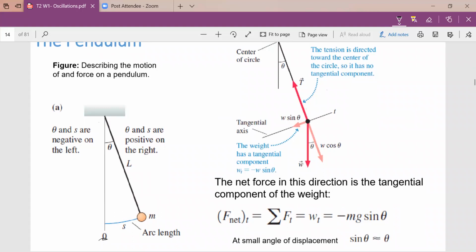And if you pull the ball that's resting on the point 0 to the right or to the left, depending on which one, remember, right is positive, left is negative.